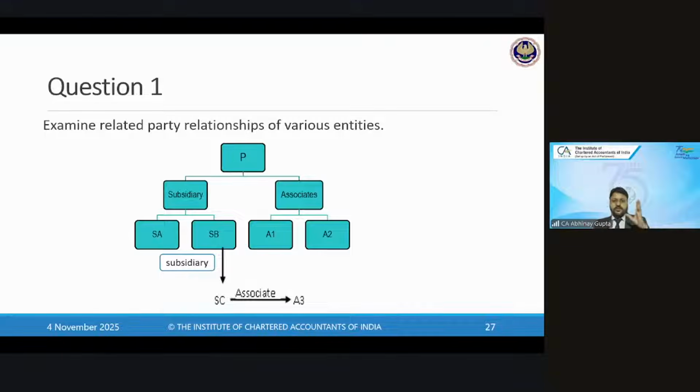Okay. Now this is for you. Examine the related party relationships of various entities. What you need to do is say who all are related for P, for SA, for SB, for A1, for A2, for SC, and for A3.